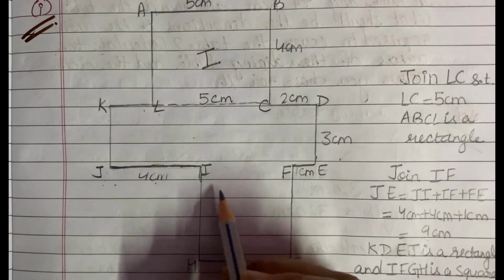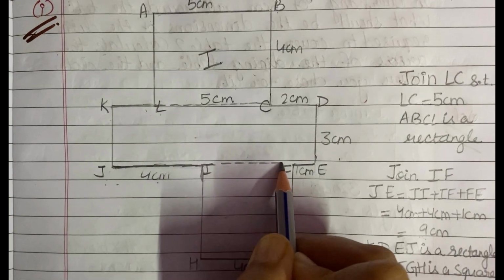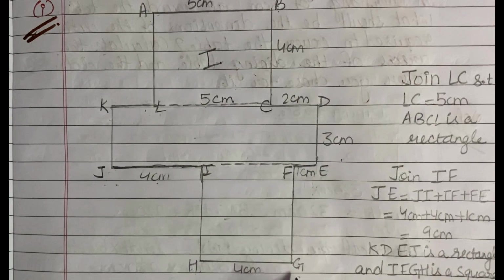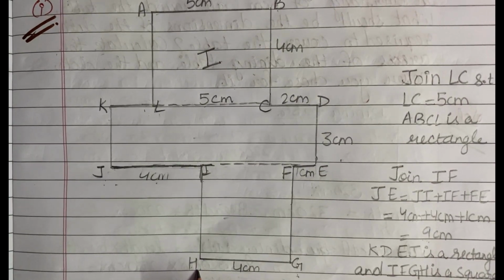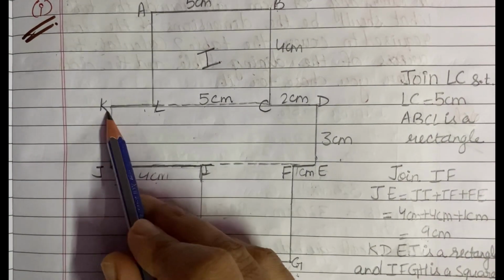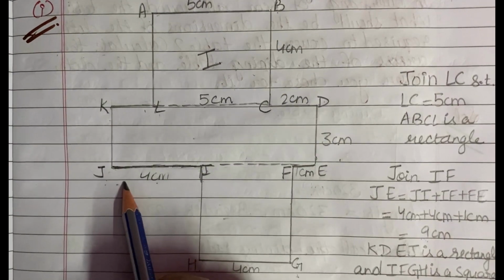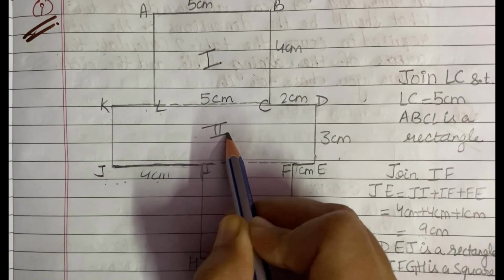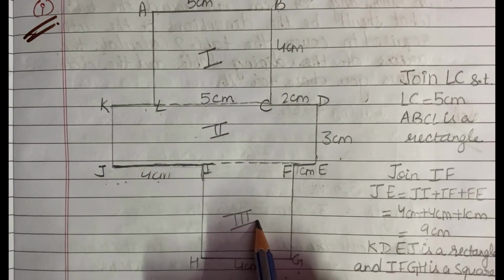Now next join IF, and on joining IF, this IFGH will become a square, and KDEJ will become a rectangle. Mark this as second part and mark this as third part.